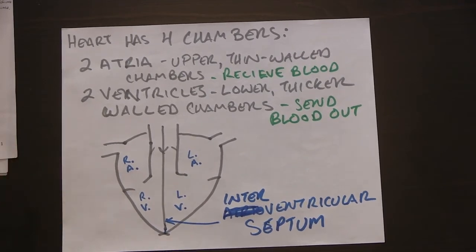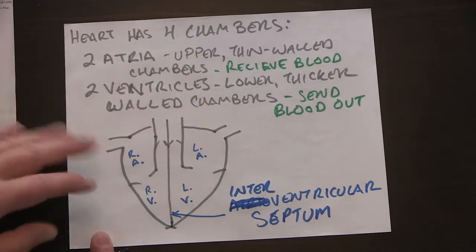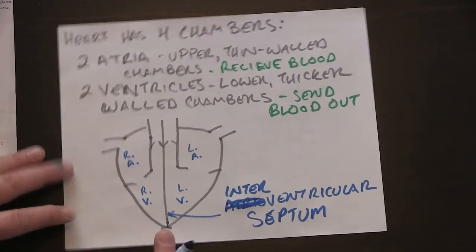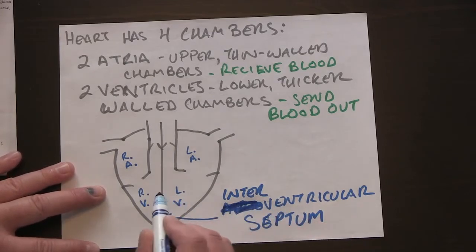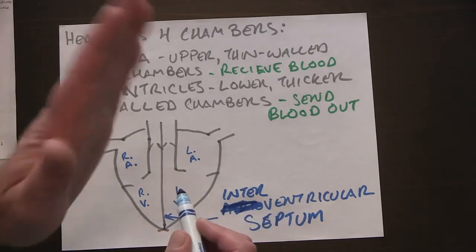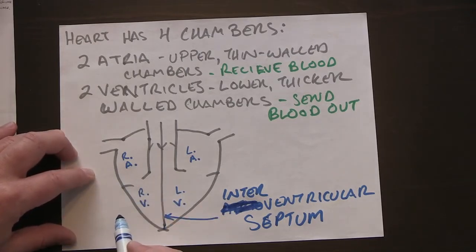There are atrioventricular septa too, but they're between the atrium and the ventricles. We're not going to talk about them, so you don't have to know it. The interventricular septum is the wall between the two ventricles.